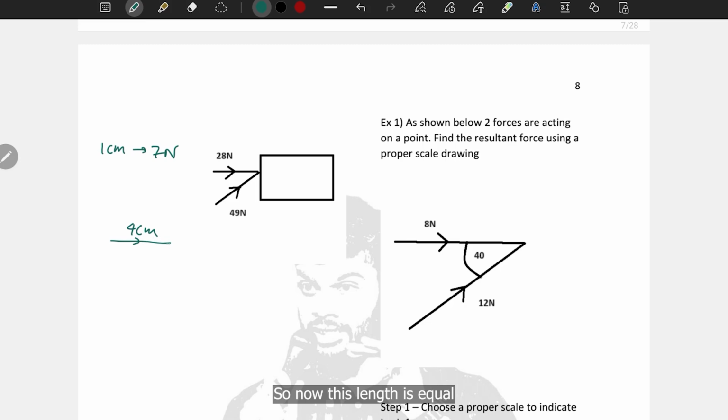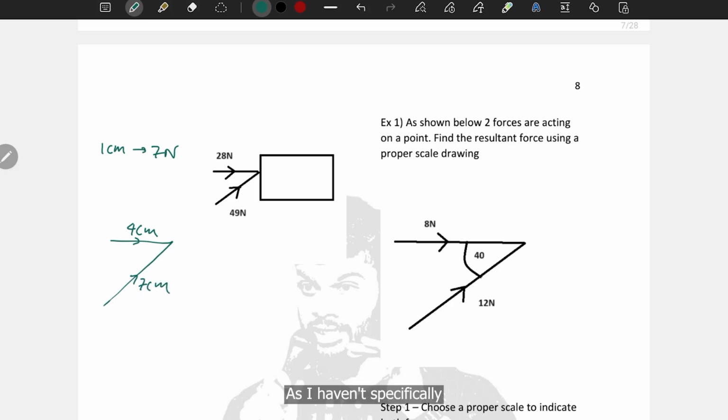So now this length is equivalent to the magnitude of the vector 28 newtons. And similarly, the appropriate length of the line to represent this 49 newtons is 7 centimeters.